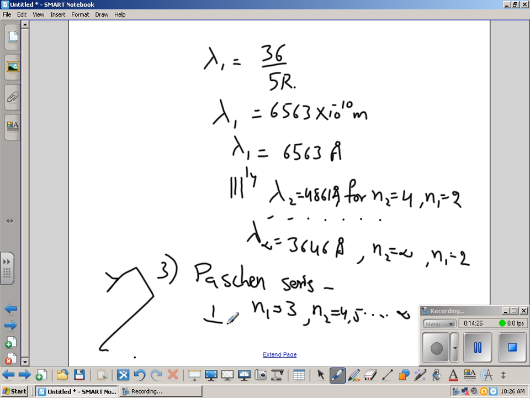For the wavelength of the spectral line, you can say nu bar can also be calculated as R into (1 by 3 square minus 1 by 4 square) for the first line.